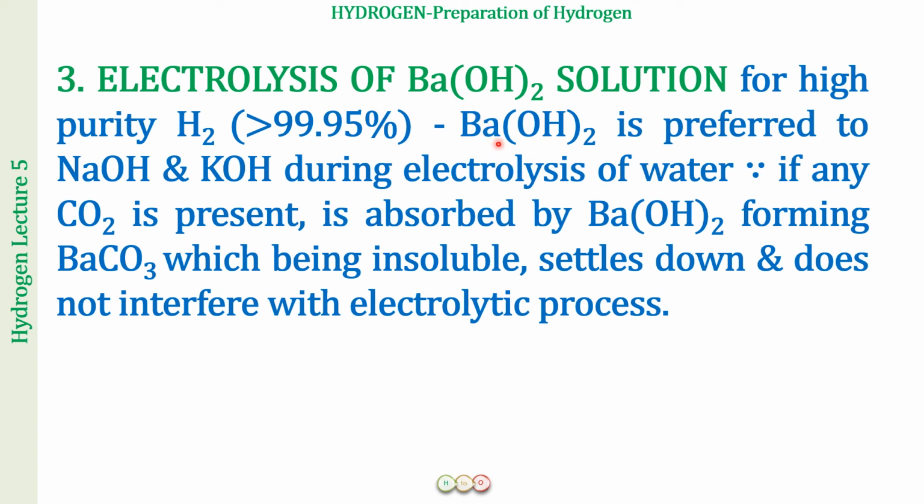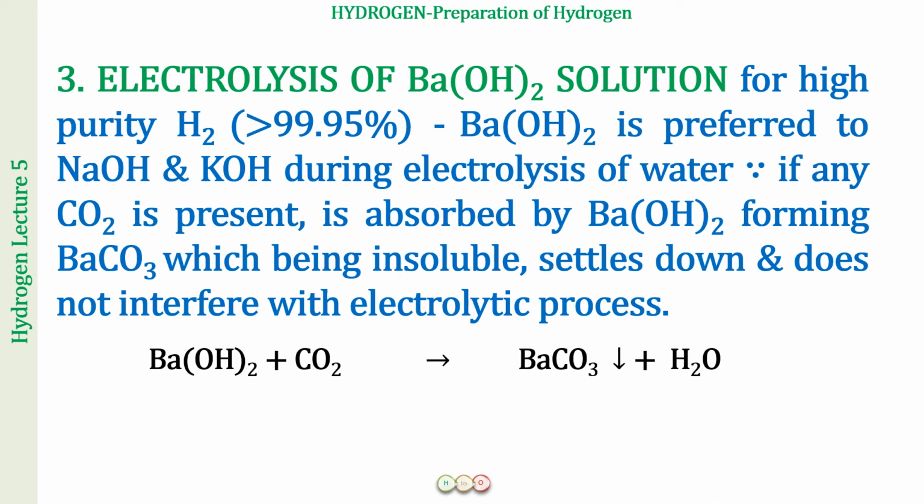Why we are using barium hydroxide in preference to NaOH or KOH during the electrolysis of water is because if any carbon dioxide is present, it will be absorbed by barium hydroxide, and when it is absorbed, what will be formed is barium carbonate, which is insoluble. It will form a white precipitate, it will settle down and it will not interfere with the electrolytic process.